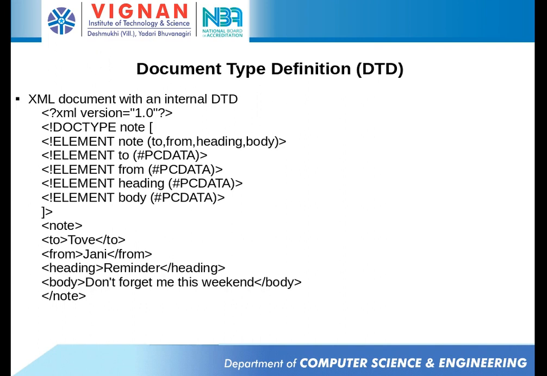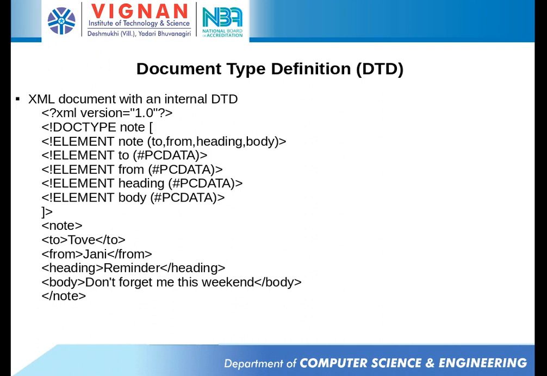So having discussed the way we specify the basic building blocks, this is an example document type definition for a given document. It's an internal DTD basically. As you can see, the DOCTYPE tag at the beginning of the document specifies the structural rules followed by an XML document. So note is the root node here. The first node element will be note, which has 4 children: to, from, heading, and body.